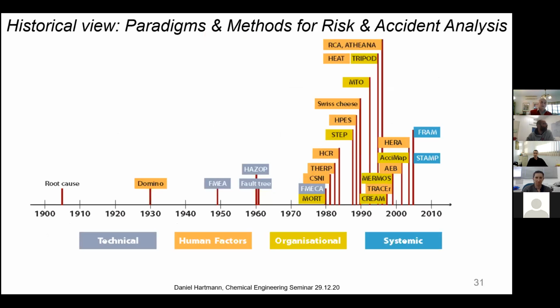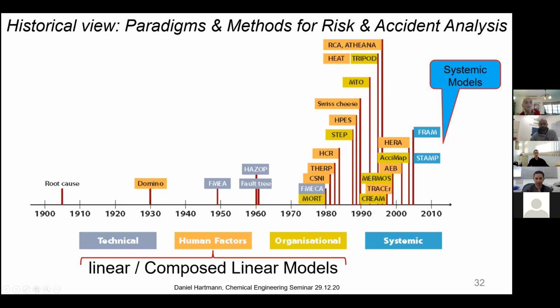So again, a kind of historical view, starting from the beginning of the 20th century: we can see the models of thinking, root cause, domino, FMEA, HAZOP, fault tree, and so on. These are linear models, or some of them we call composed linear models. And only about 18 years ago, two researchers actually started systemic models.